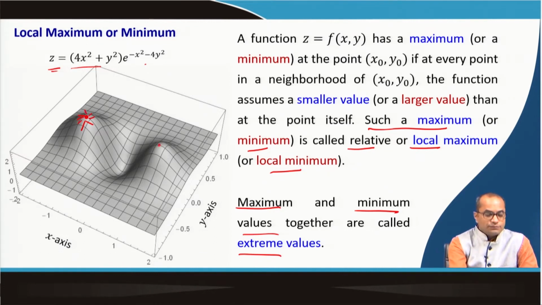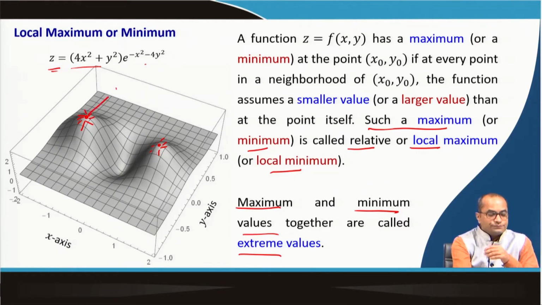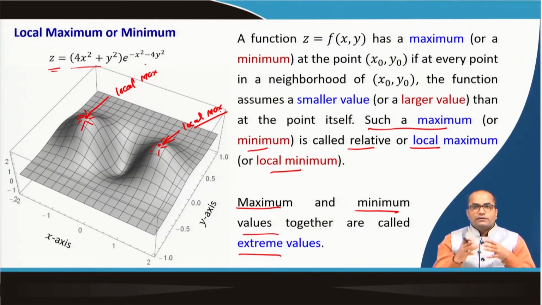Similarly, at this point as well we have the situation that it is taking a smaller value, so this is also a local maximum. Here also the function attains its local maximum, because locally we are verifying whether this is a maximum or not.